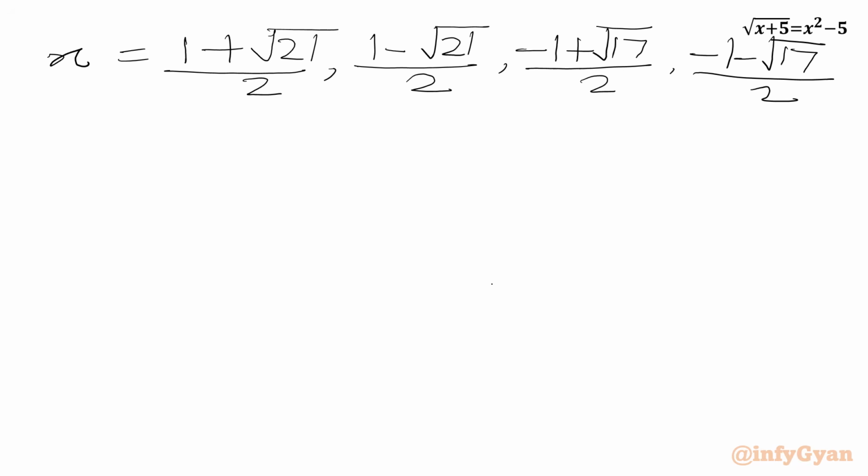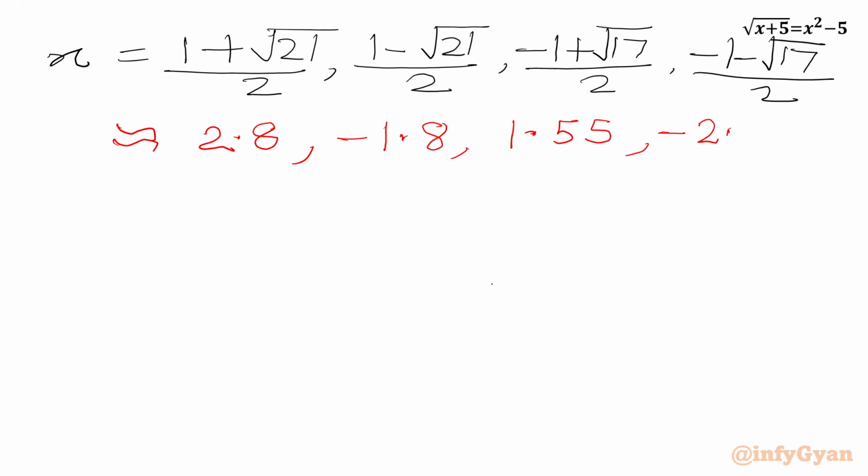Now we'll find approximate values of the solutions. So (1 + √21)/2 is somewhere around 2.8, (1 − √21)/2 is approximately −1.8, this must be somewhere around 1.55, and the last solution would be approximately −2.55.